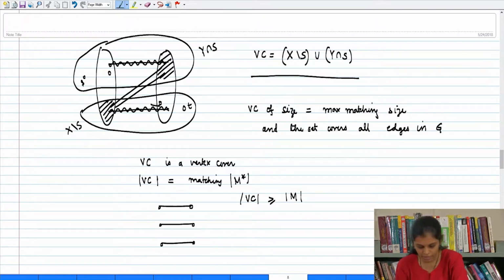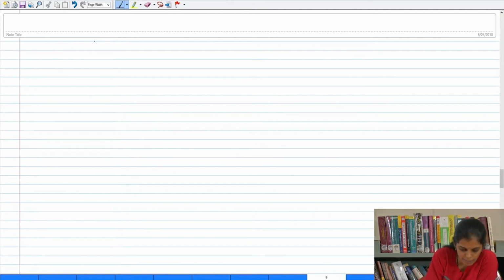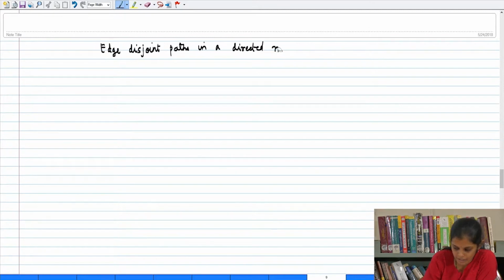Okay. So in the remaining part that I have, I'll have time for just doing one more reduction. We'll see another problem which has come up in slightly different flavors. We'll call this the problem of edge disjoint paths in a directed network or directed graph.